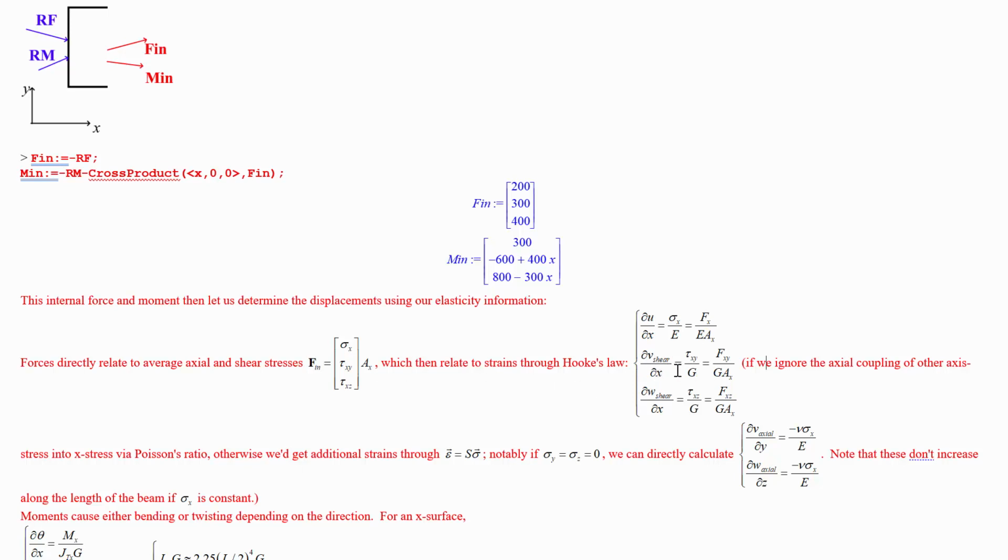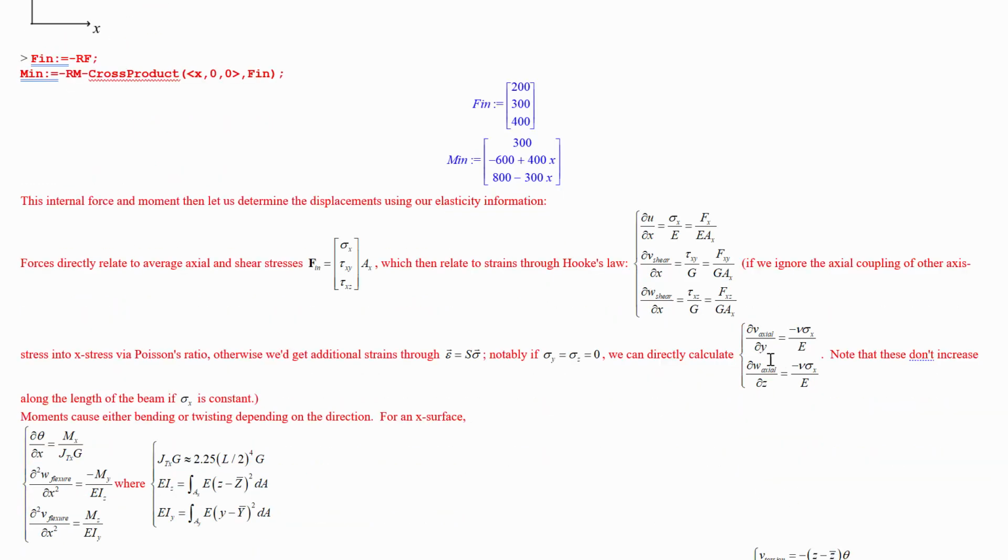Now, why did we call this v shear? Because we've got other sources of y displacement. Another place we can get y displacement is via the Poisson's ratio. So this x stress doesn't just lead to displacement in x.